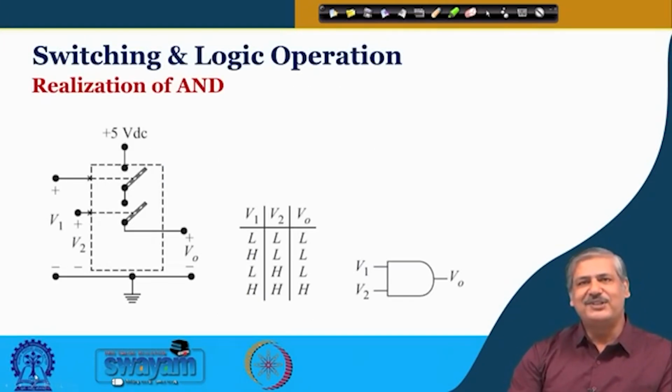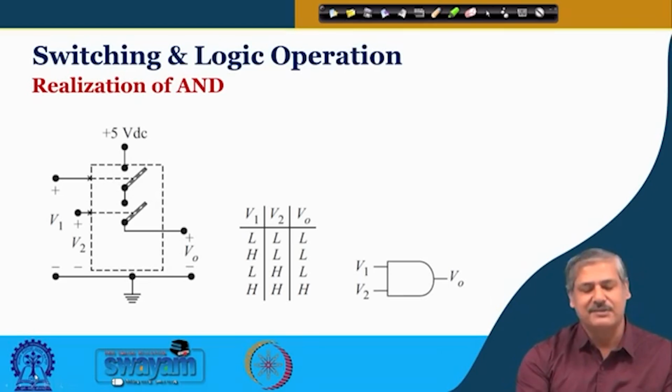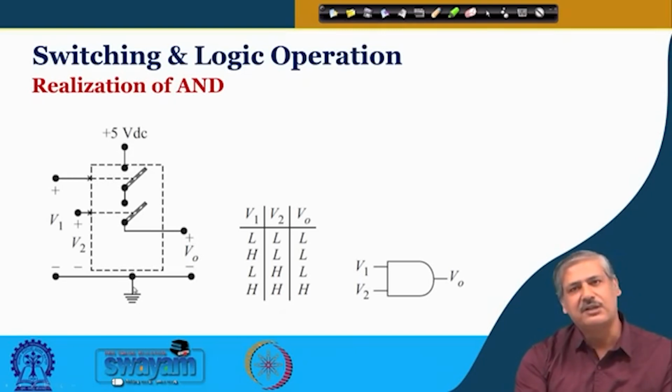Right. So, now we look at the switching, the way we have already seen it, we have understood it. Okay. So, this is an example where you see there are two switches, this is one switch and this is another switch, right, and there is a 5 volt DC supply and this is the output, and this is connected to the ground. Okay.